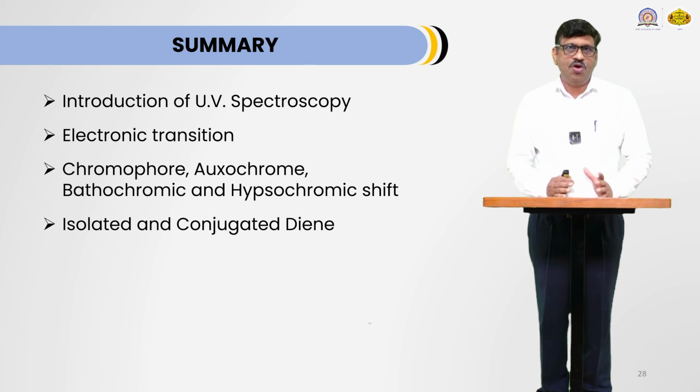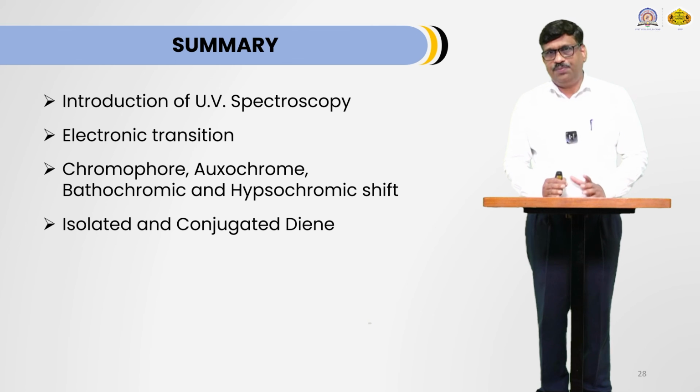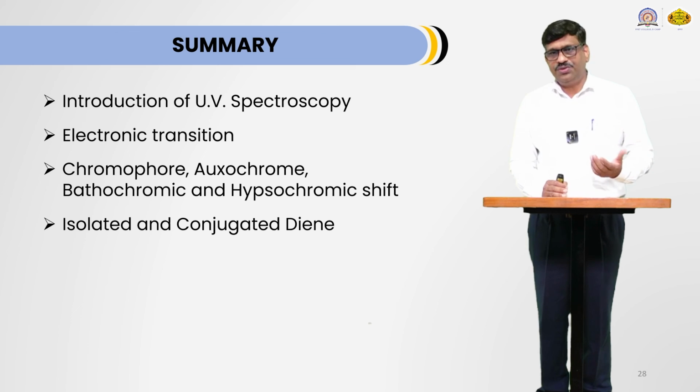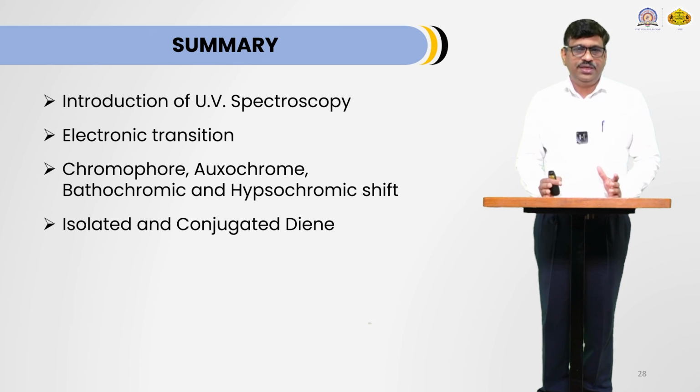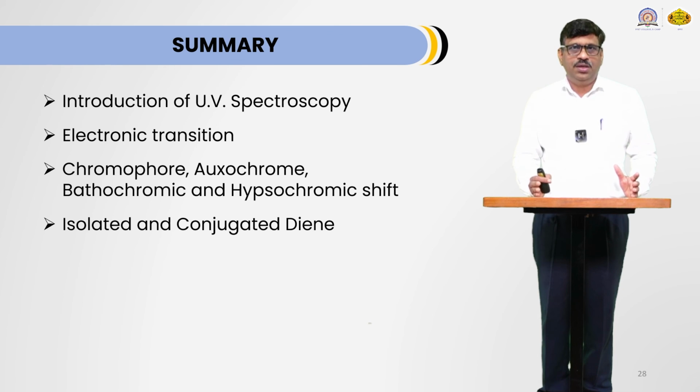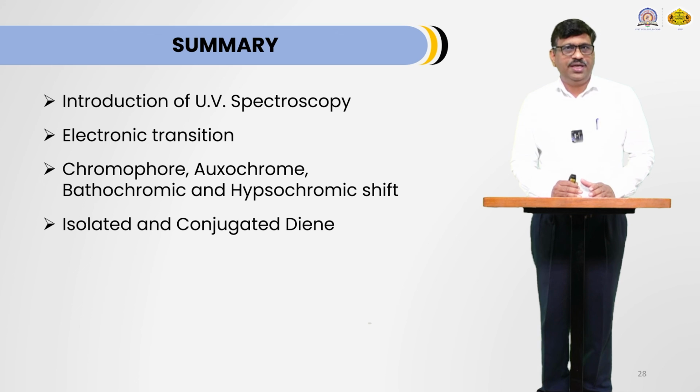Hyperchromic shift means strong intensity peak and hypochromic shift means weak intensity peak. Finally, we have seen isolated and conjugated diene. In isolated diene, two double bonds are not in conjugation with each other, and in conjugated diene, there is an alternate double bond, single bond pattern, or one double bond is in conjugation with the other.